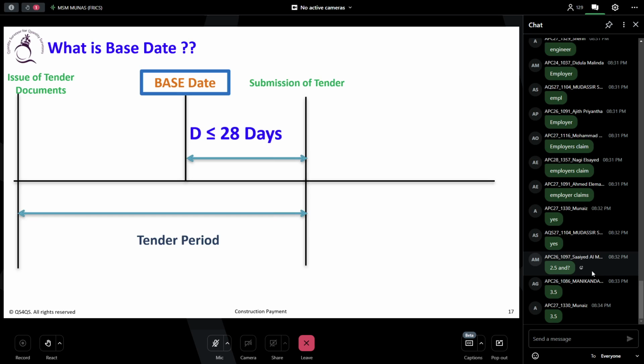Plus, there is another set of subclauses. Let's say 50 subclauses talk about the contractor claim or employer claim, where the wording is there straight away, either 2.5 or 20.1. But there is another set of subclauses that doesn't mention claims at all.